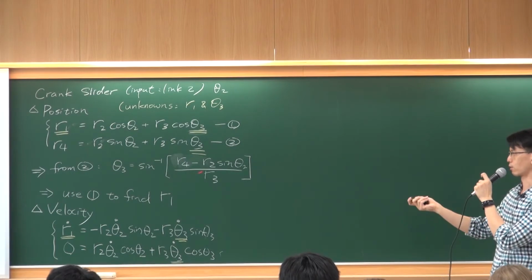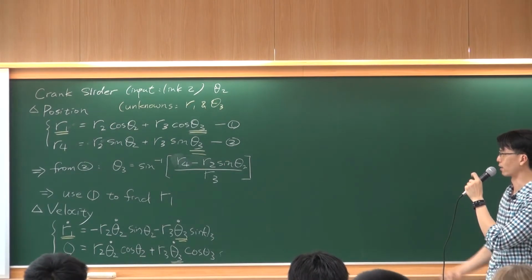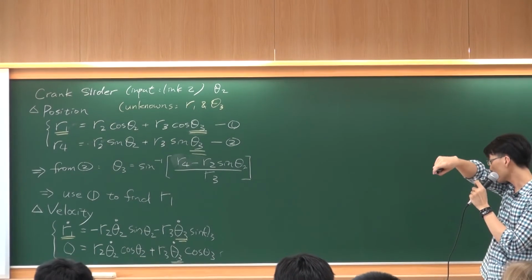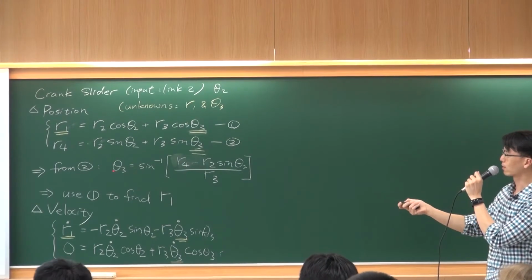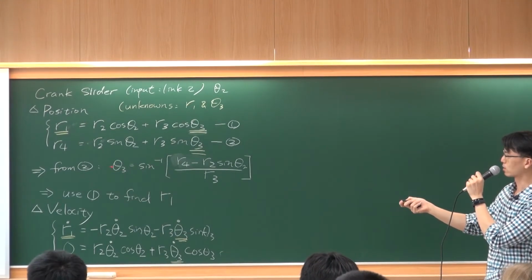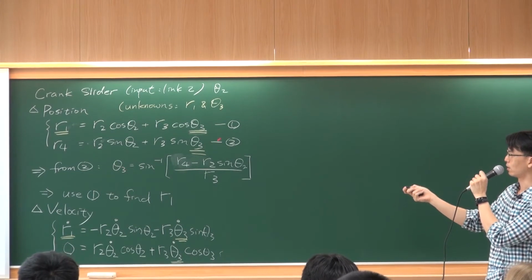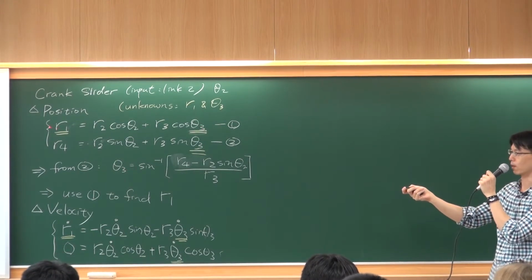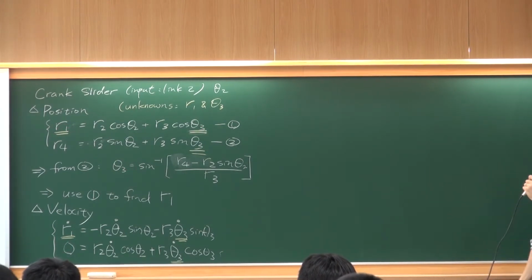You can use your calculator to calculate the value of theta 3. And once you obtain theta 3, you can substitute it into the first equation, and then you should be able to obtain R1.